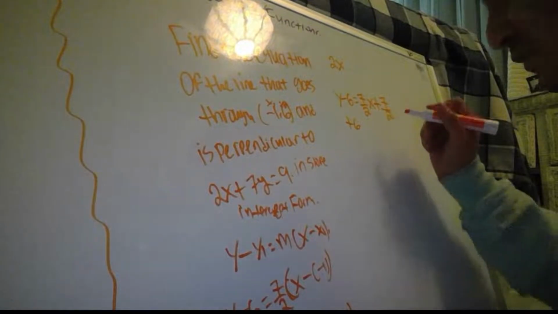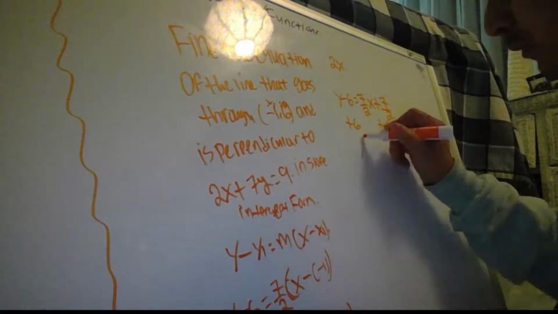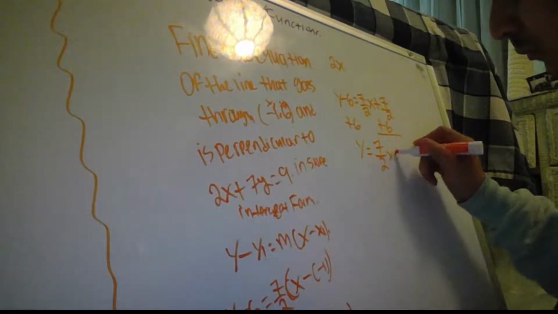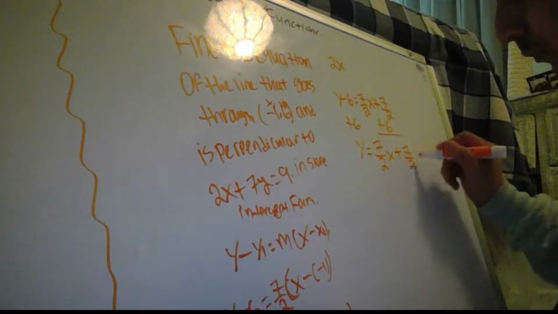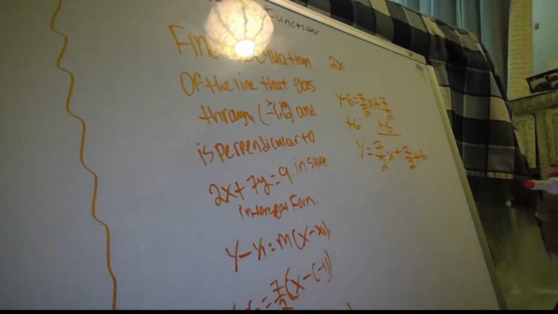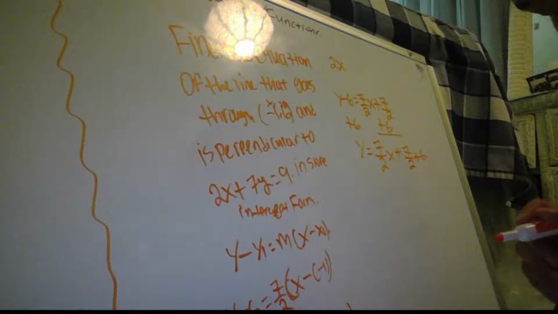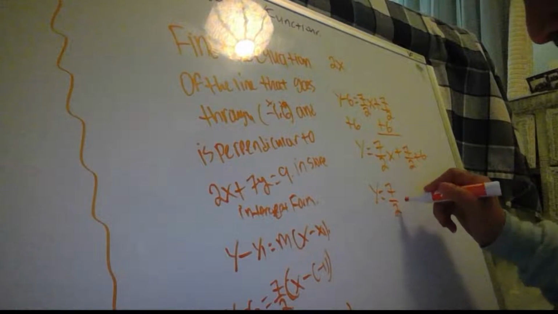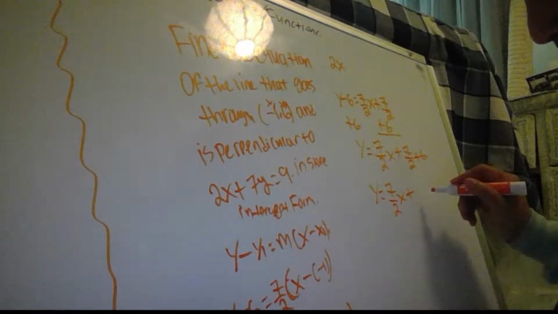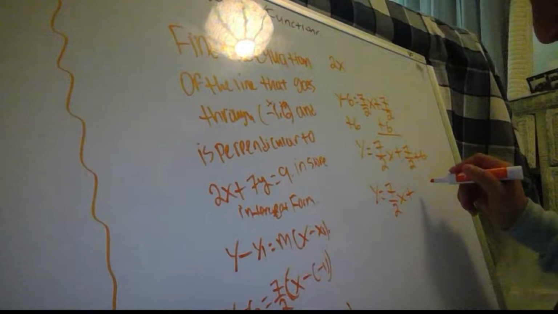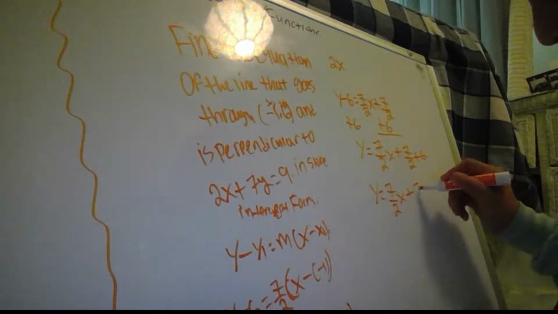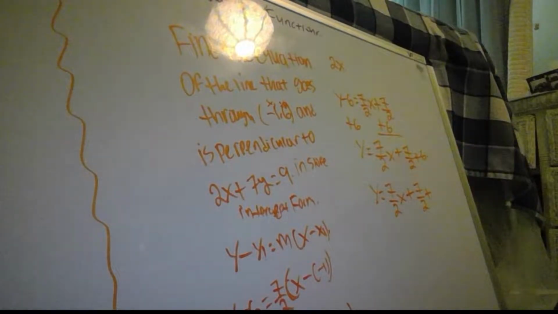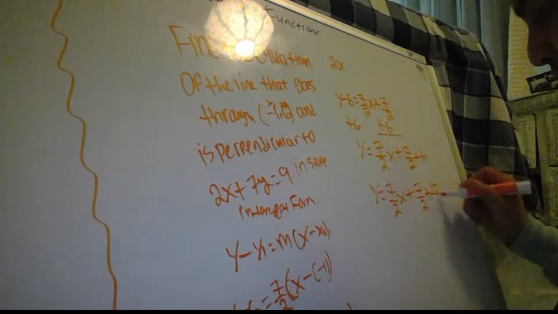So we add 6 on both sides, right? Now 7 halves plus 6, that's just 7 halves plus 12 over 2.